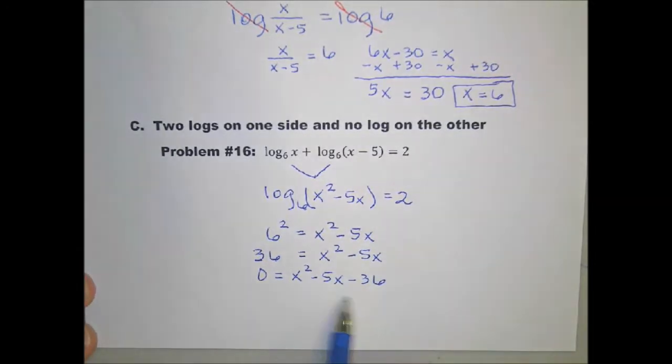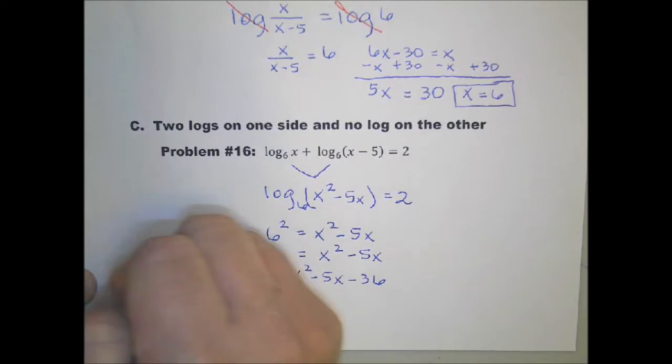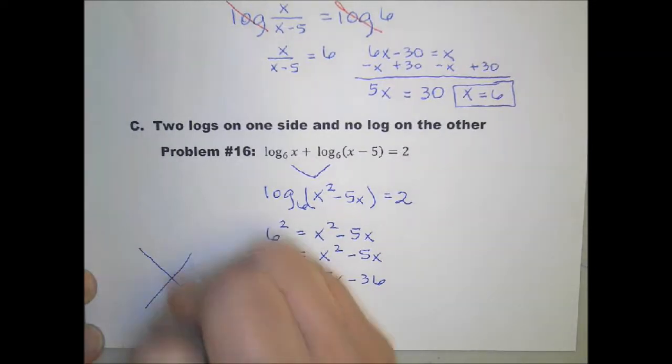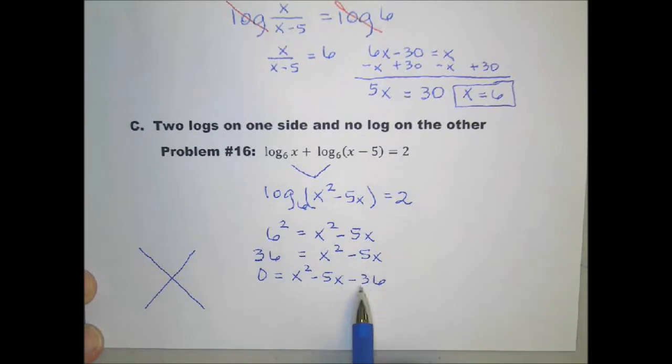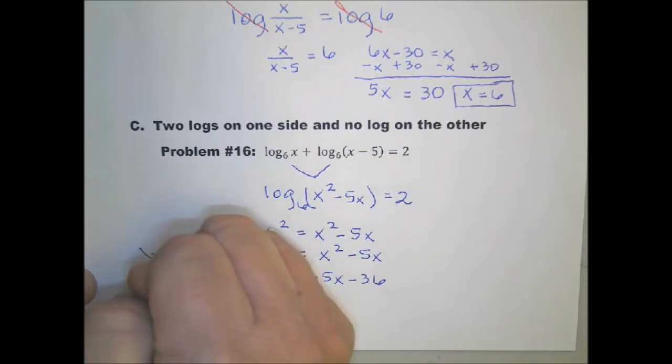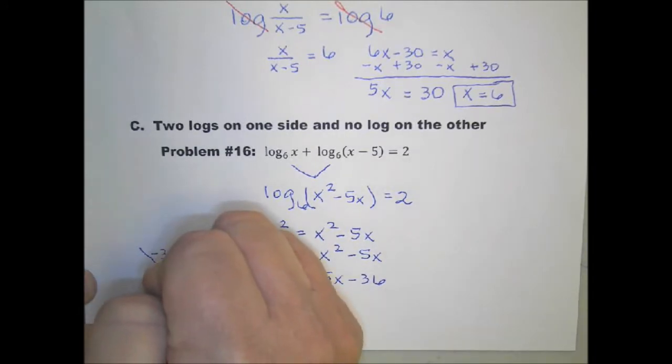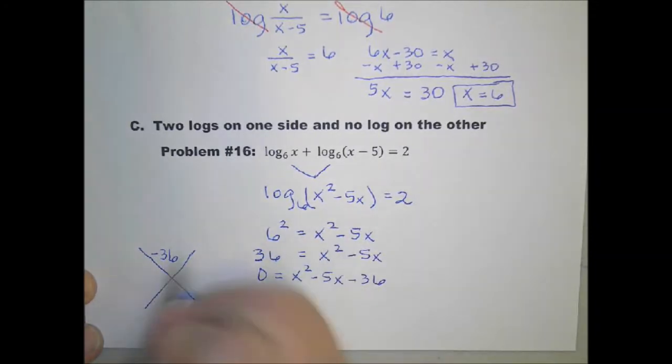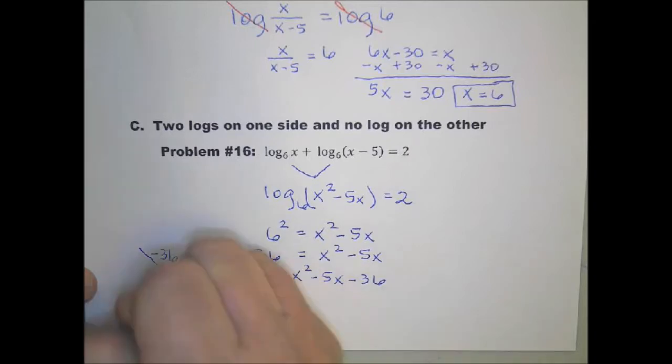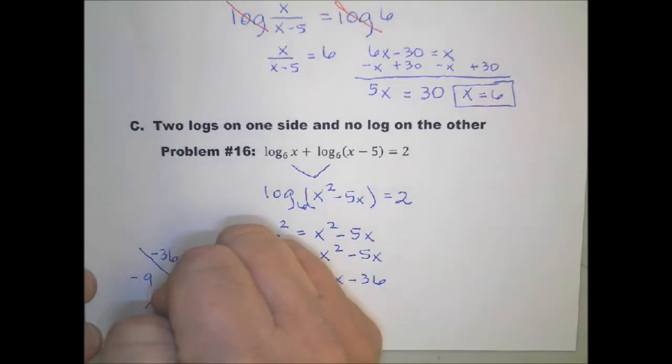Now the next thing I'm going to do, I'm going to factor this. If you're used to diamond factoring, great. If not, you probably know how to factor this. I'm looking for multiples of negative 36 that add to give me a sum of negative 5. And so the answer is negative 9 and positive 4.